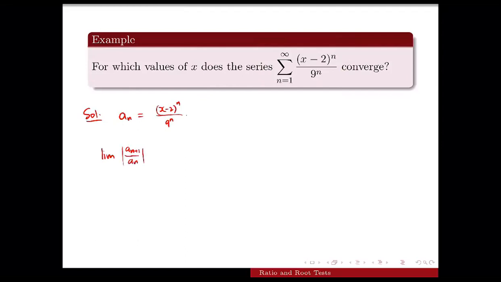You have to get the absolute value of that ratio. Okay? So let us compute this. Limit as n approaches plus infinity. So you will have absolute value x minus 2 raised to n plus 1 over 9 to the n plus 1, times 9 to the n over x minus 2 to the n.